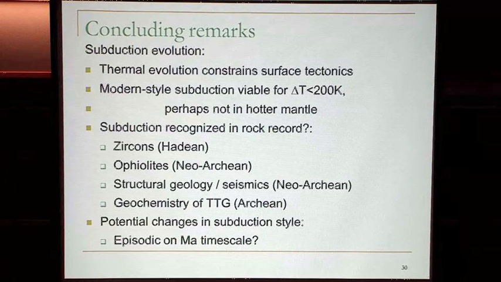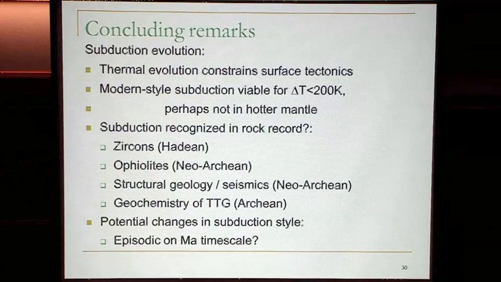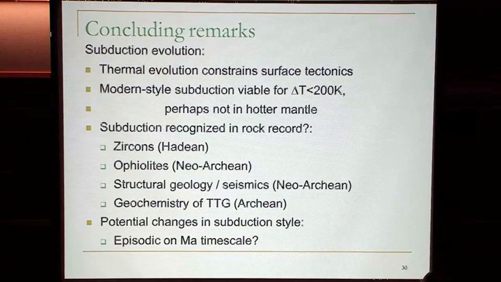In the rock record, we seem to be able to recognize the subduction process a very, very long time ago by looking at the zircons, ophiolites perhaps, structural geology, geochemistry of TTGs, and perhaps subduction was more episodic in style than it is today. That's it. Thank you.